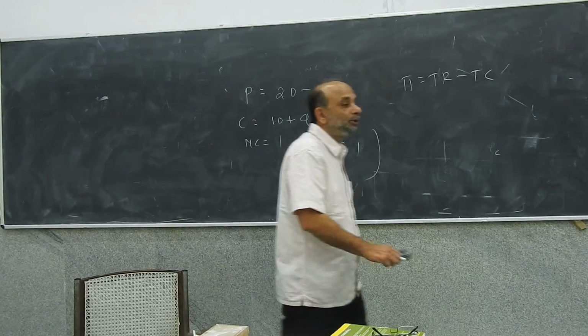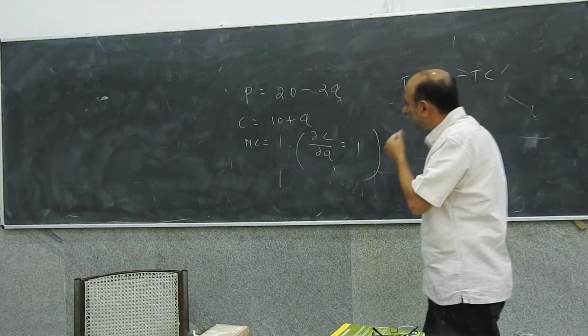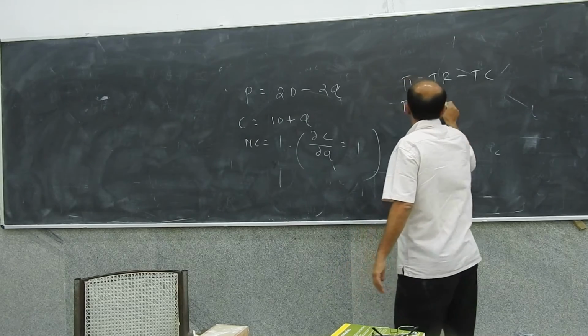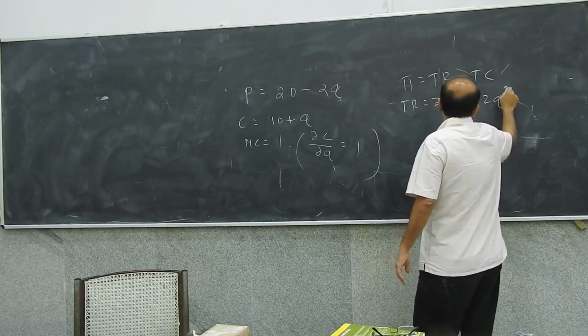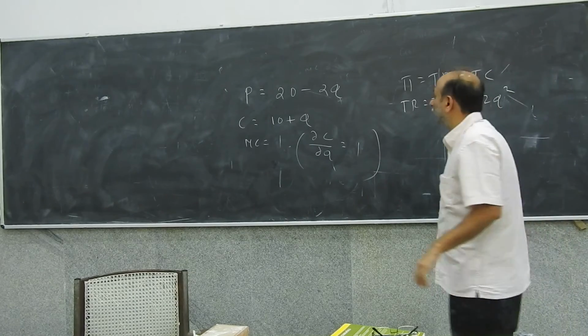Now profit is total revenue minus total cost. What is total revenue? P times Q, so total revenue is equal to 20Q minus 2Q squared.